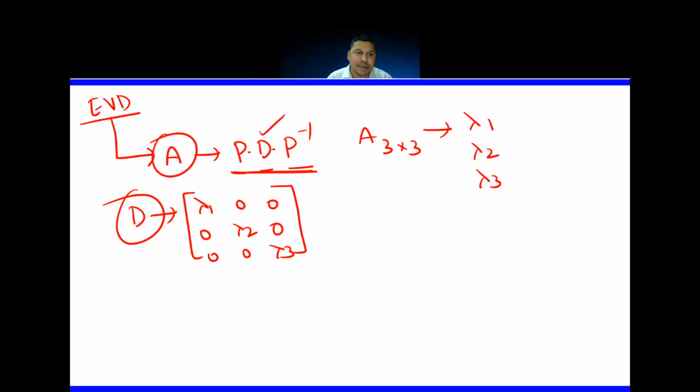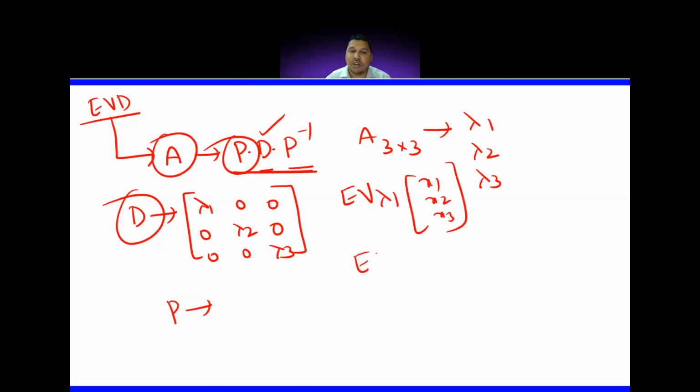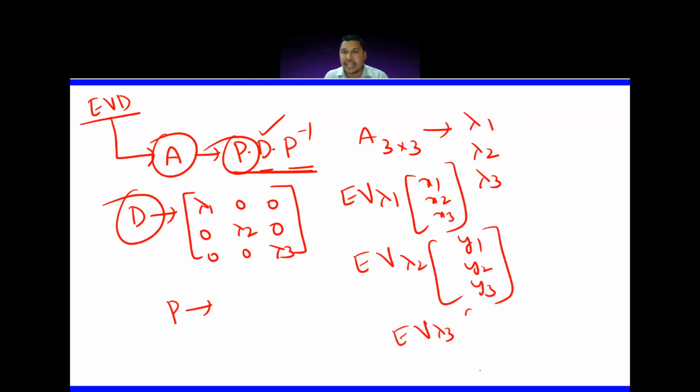This is done. Now what is P matrix? P matrix is formed by calculating the eigenvector for each eigenvalue. So eigenvector of lambda 1, I may have x1, x2, x3, for example. Similarly, eigenvector for lambda 2, I may have y1, y2, y3, another vector. Similarly, eigenvector for lambda 3, that is, each eigenvalue has an eigenvector, right?